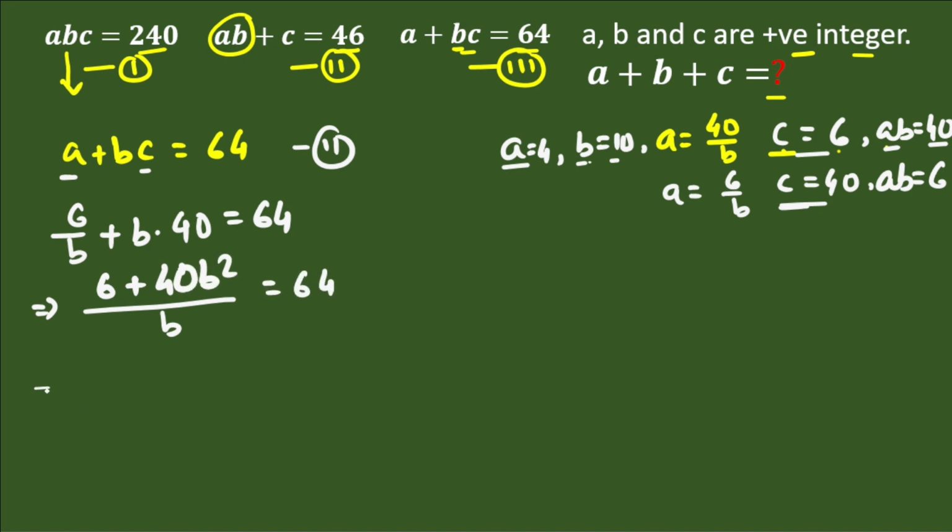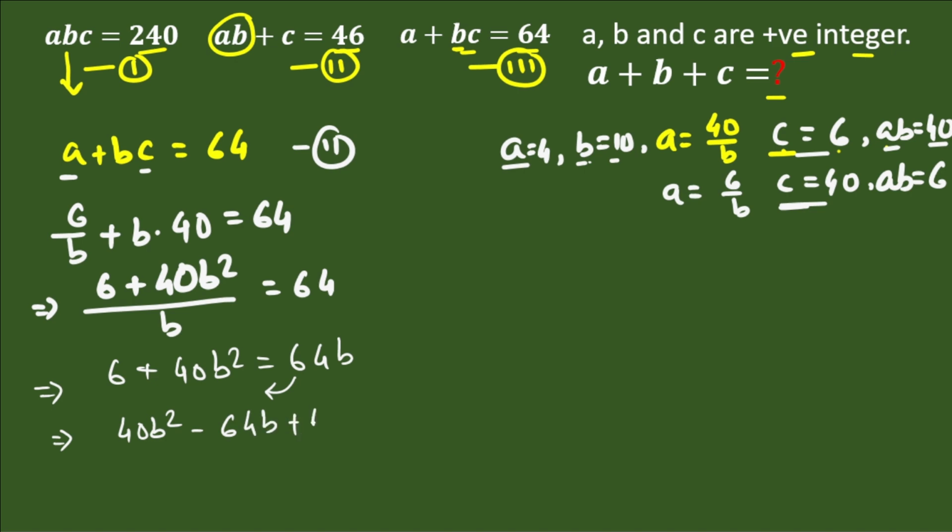Now in the next step we'll cross multiply it, so it is 6 + 40b² equal to 64b, right? Now we'll take this 64b to the left hand side, then our equation will be 40b² − 64b + 6 = 0. Now it is in the form of a quadratic equation and we can take 2 common from here.